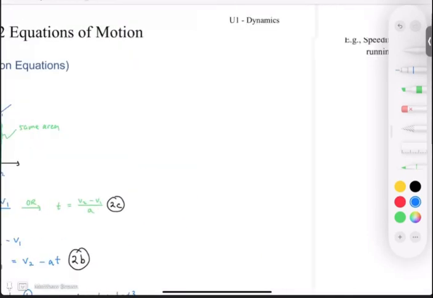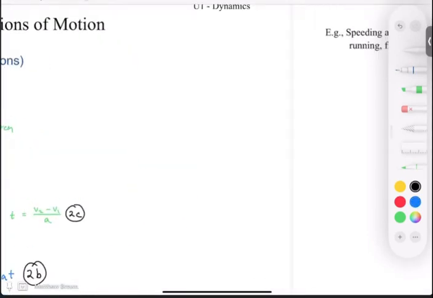If you look at what are all the variables here, all variables. So we're looking here, well, obviously we've got a d, we've got v1, we've got v2, we've got the acceleration, and we've got time.